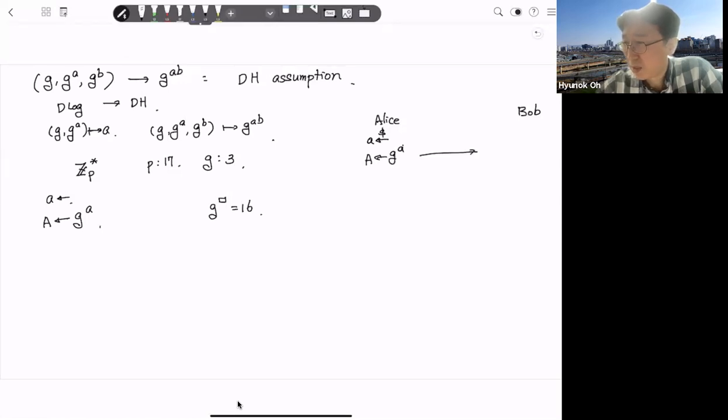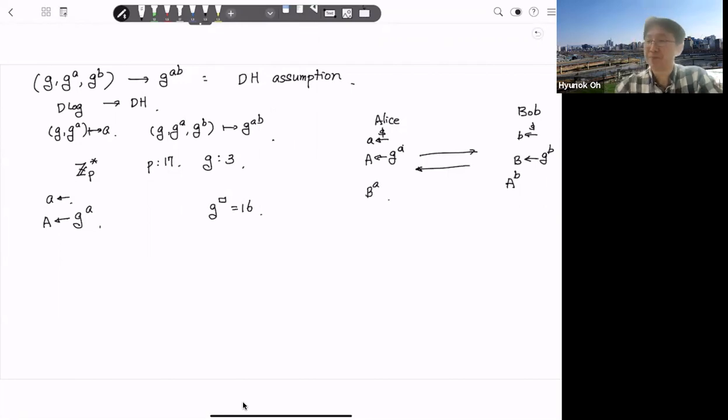It's given. Bob is choosing b and computing g to the b. That is given. Bob is computing A to the b. Alice is computing B to the a. That's the shared key.